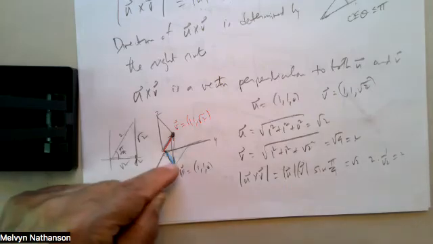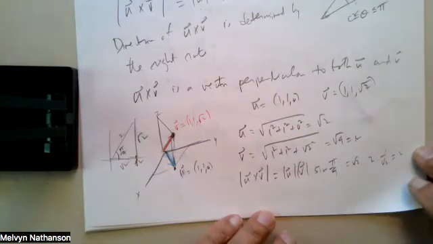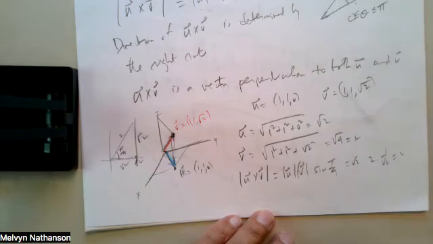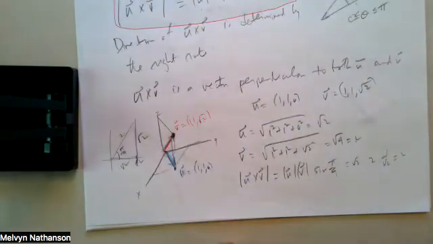So it's a vector perpendicular to this plane and going in that direction. Again, the important thing is to know the definition of the cross product, and this is it.